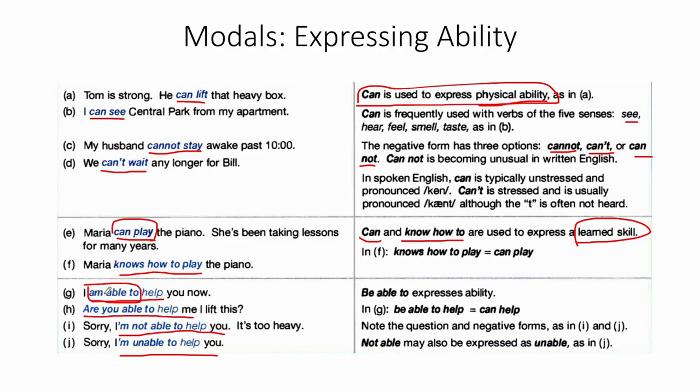So here you have I am able to, and then the simple form of the verb. So be able to expresses ability, exactly like can. So this is it for expressing ability.